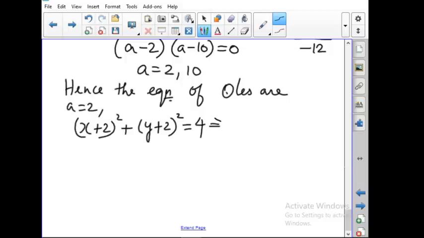So this can be written, by expanding this, as x square plus y square plus 4x plus 4y plus 4 equal to 0. Okay, so this is one equation.